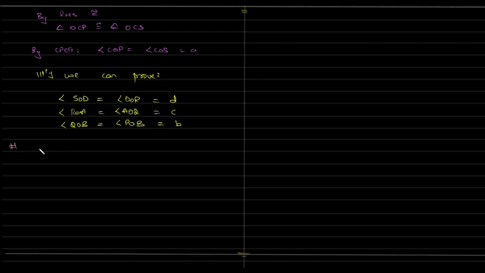Then we add all of those: A plus A plus B plus B plus C plus C plus D plus D. Those will be equal to what, guys? Those will be equal to 360 degrees. Why 360?